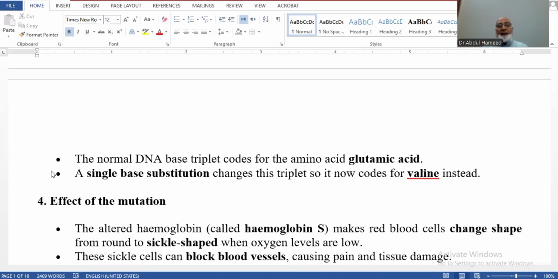Triplet means three nucleotides in a sequence. So the new code will be valine instead, and the shape of the whole protein molecule consisting of 574 amino acids will be changed into a sickle shape instead of the normal globular shape.